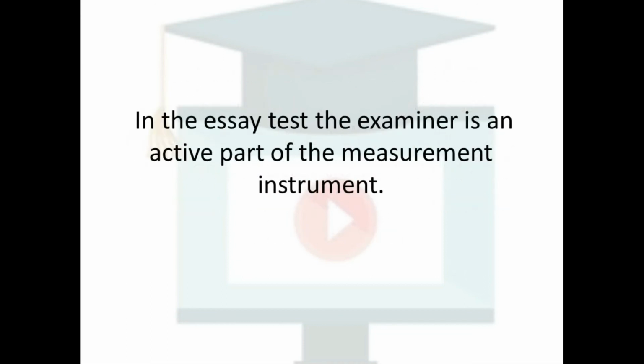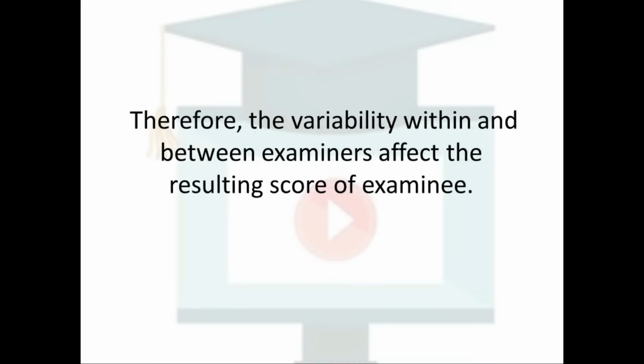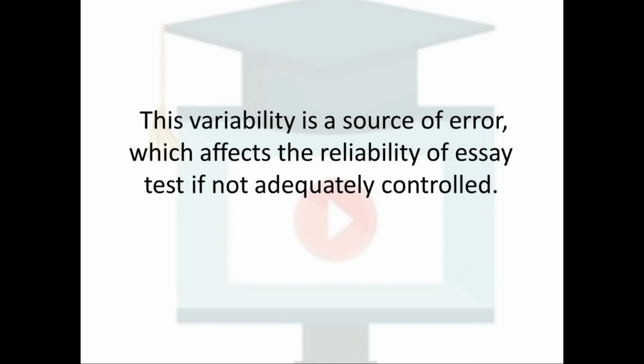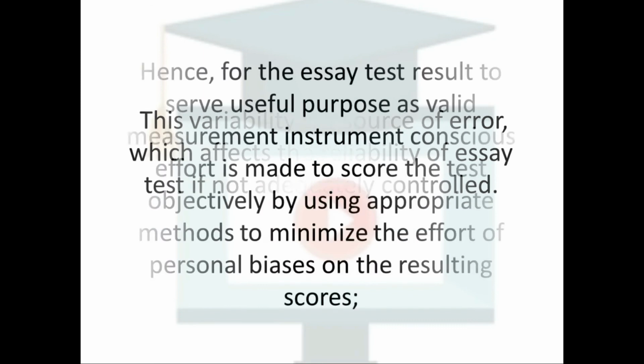In the essay test, the examiner is an active part of the measurement instrument. Therefore, the variability within and between examiners affects the resulting score of the examinee. This variability is a source of error which affects the reliability of the essay test if not adequately controlled.